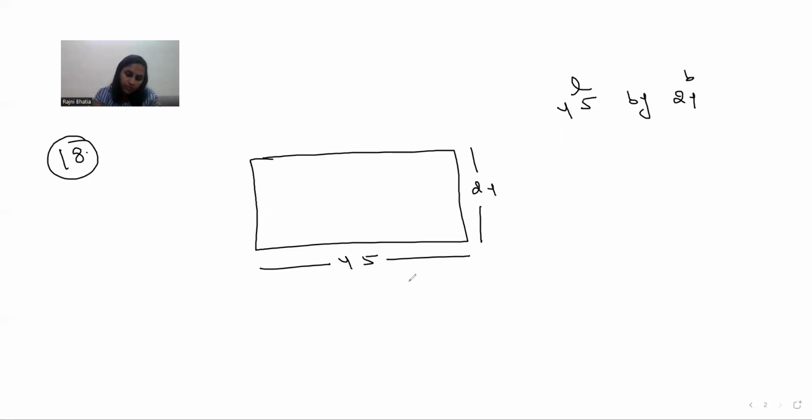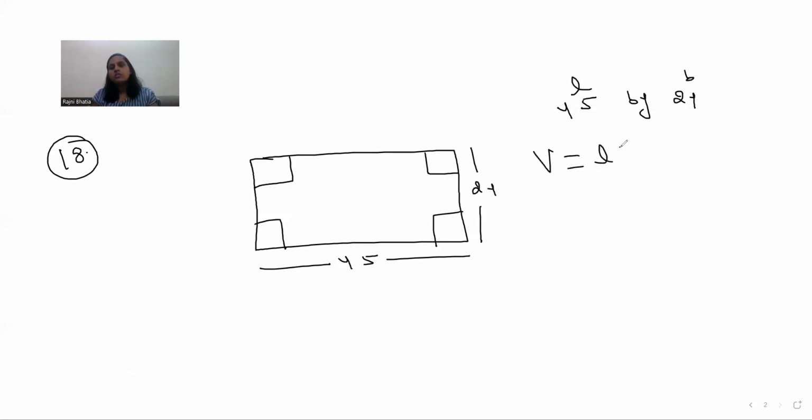Again, they are saying the same thing, that from this rectangular sheet, a box is to be made without top by cutting off the square from each corner and folding up the flap. So we are going to apply the same method which we did in the last question. What should be the side of the square to be cut off so that the volume of the box is maximum?